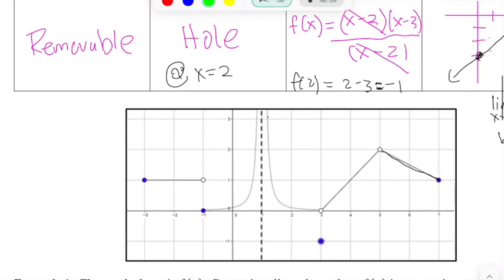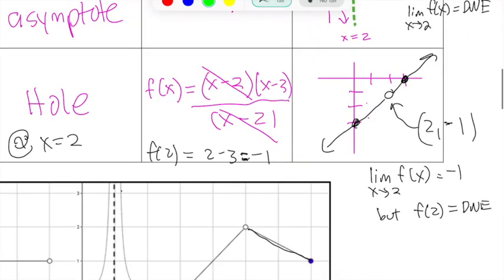And then a hole is one of the hardest, or I guess not hardest, but takes the most labor to find out. So notice that in a hole, the left and right-hand limit exist. So the limit does exist, but the value at the point doesn't exist.